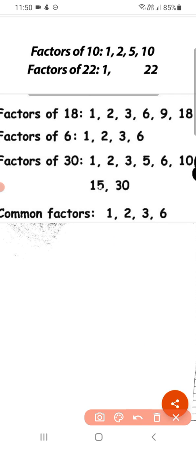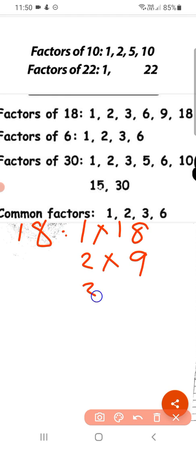Our next question is, we are finding the factors of 18, 6 and 30 and finding the common factors. First find the factors of 18. 1 into 18. 2 into 9. 3 into 6.